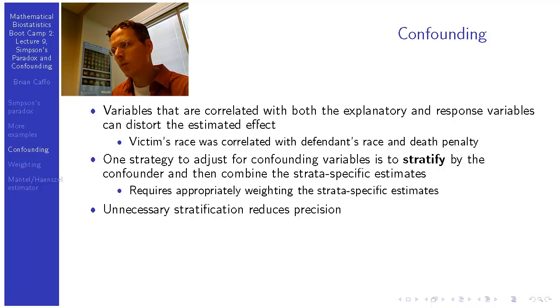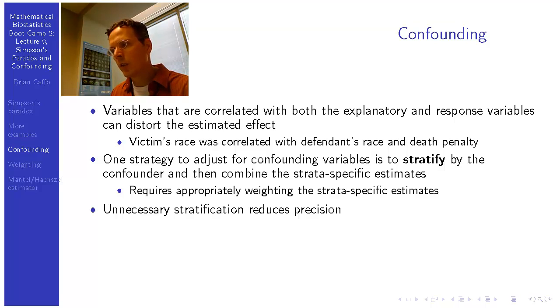This is, I think, a kind of old school definition of confounding. There's a modern definition given by causal inference classes that, if you're interested in the field of statistics, will be worth learning.